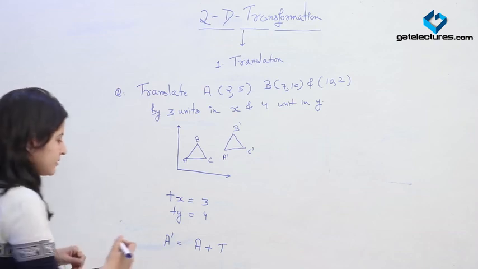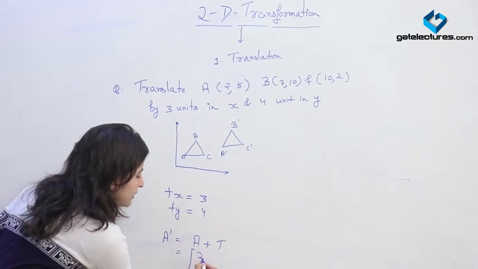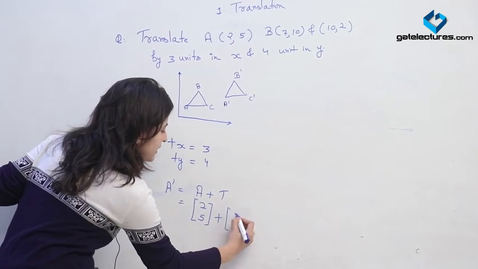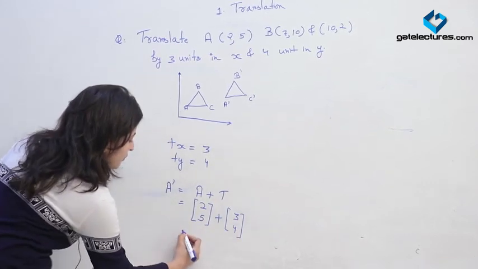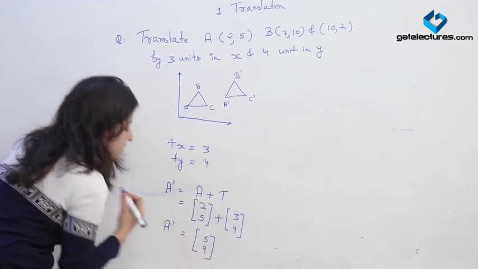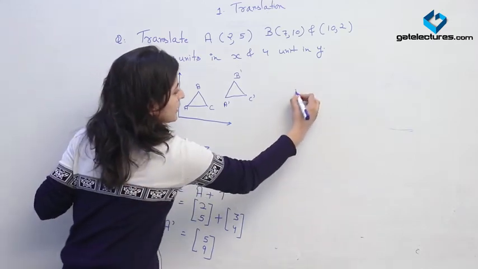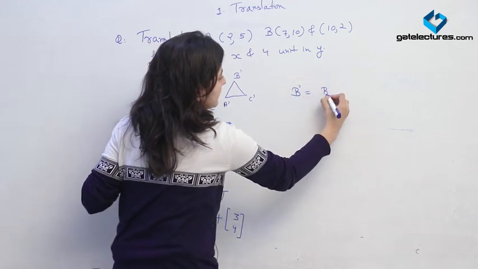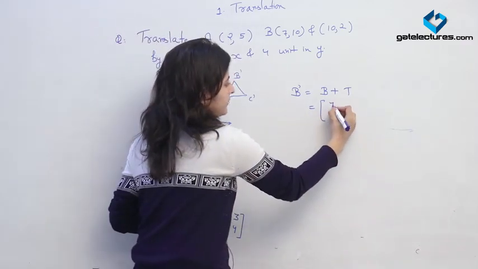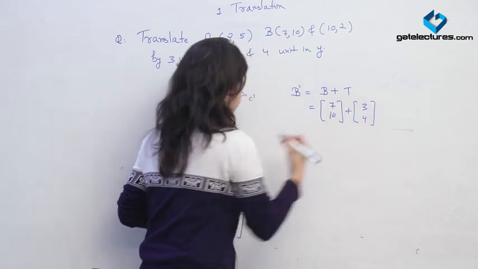Directly applying the matrix equation which we have done: the coordinates of A are 2 and 5, x is 2 and y is 5, and T, tx and ty, are 3 and 4. So we will get 5 and 9. This is the coordinate of A dash. Similarly, we will change the coordinates of B and C. B dash equals B plus T. The value of B is 7 and 10, and T is again 3 and 4.